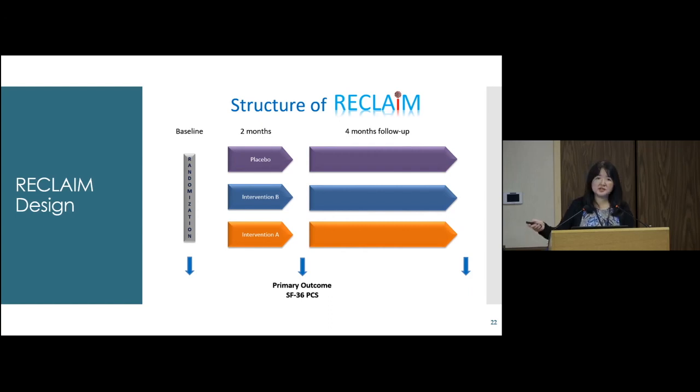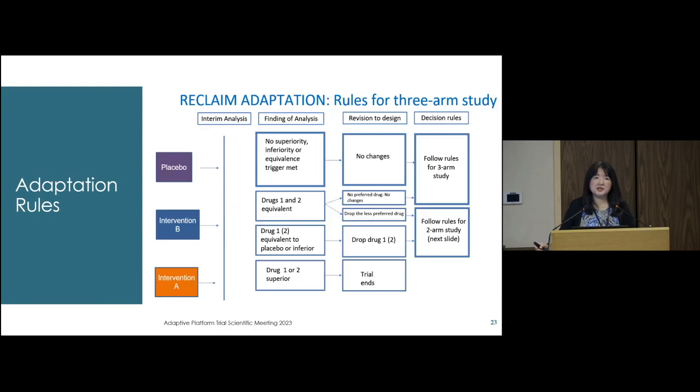We have 2 interventions, ibudilast and pentoxifylline, and I just want to give you a sense of how the adaptive rules work. You can see from here, although I can't see very well myself, there's placebo and then intervention A and B, and we designed certain interim analysis after 120 patients.